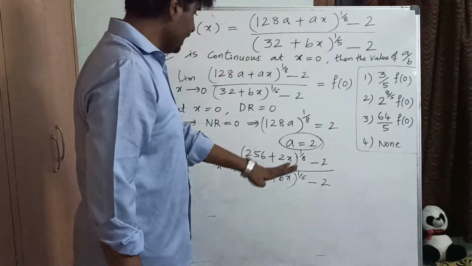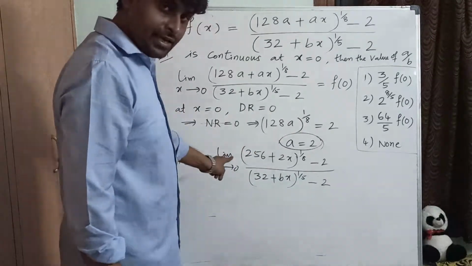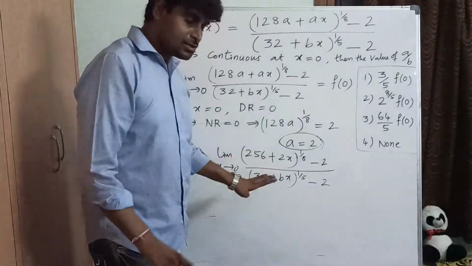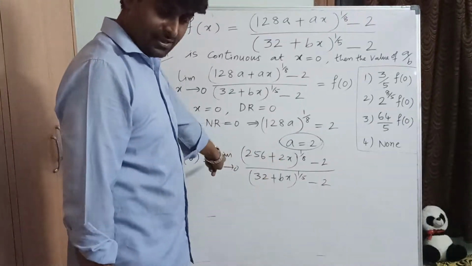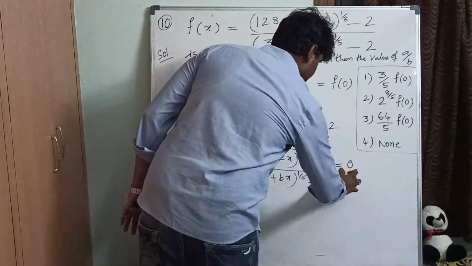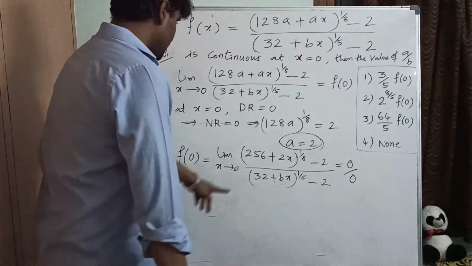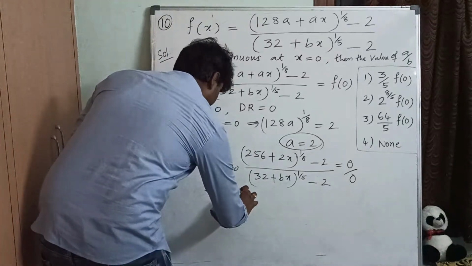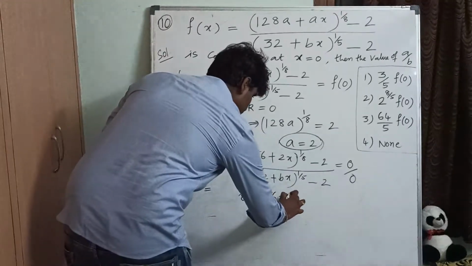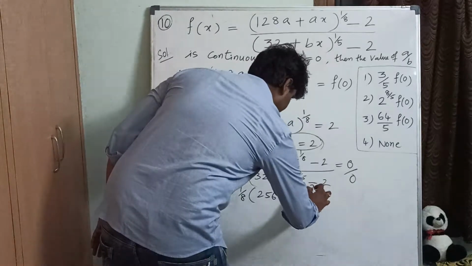Can I substitute the limit directly? Yes. If I substitute the limit, this will become 0 as we observed before, and this is also becoming 0. From that only we got this. So it is in the form of 0 by 0. Whenever it is in the form of 0 by 0, can I apply L'Hospital's rule and find the limit? Yes. So now L'Hospital's rule. 1 by 8 into (256 plus 2x) whole power 1 by 8 minus 1, that is minus 7 by 8.